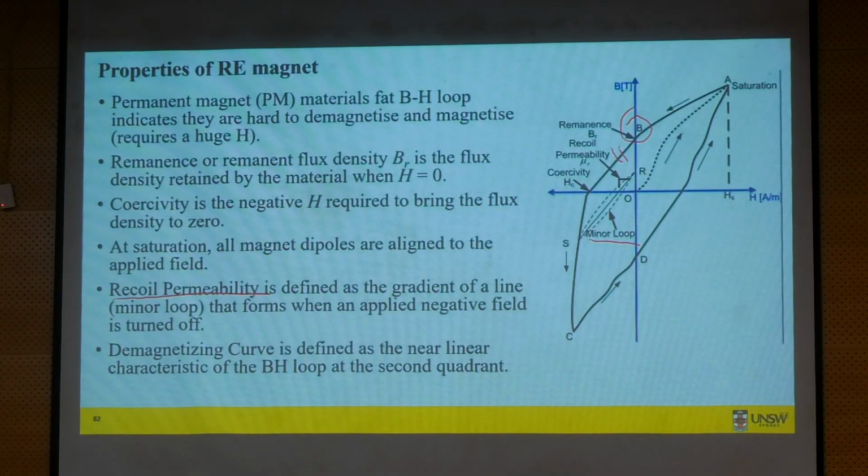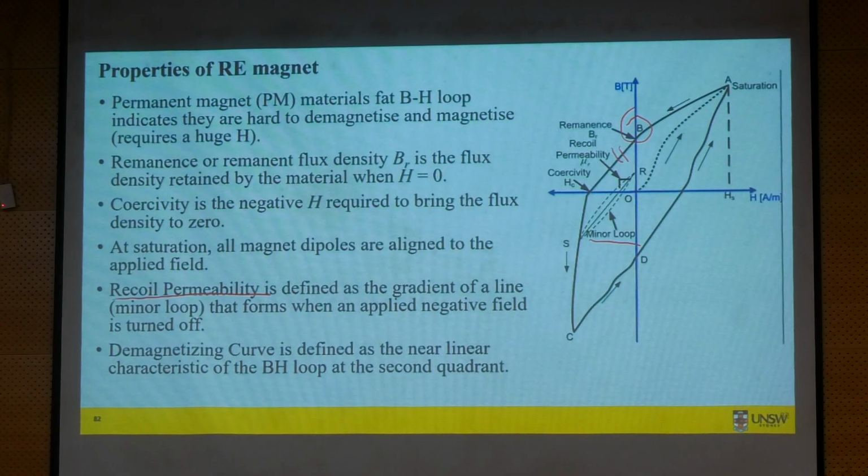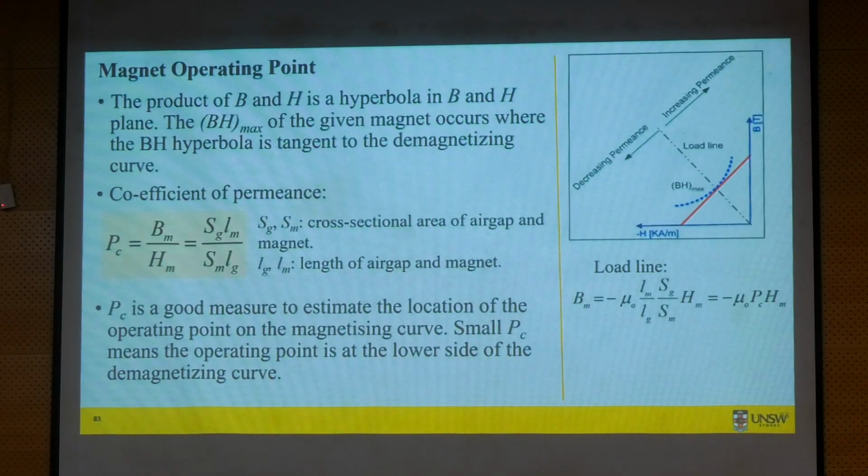So sometimes it is important to note, especially if you know that there's going to be wide flux weakening. That means you will be applying large negative ID current during control of the motor. So in those types of situations, you may also want to know the recoil permeability of the material.